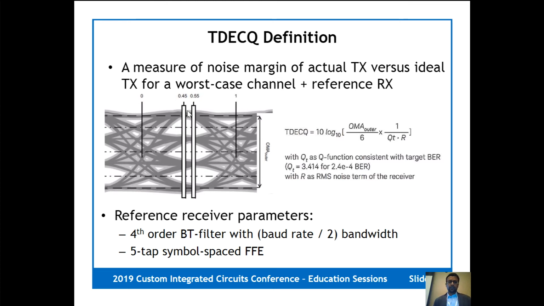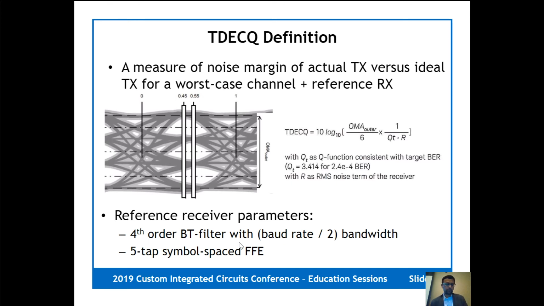Effectively, it involves finding out where your sampling point needs to be, and because the reference receiver itself is a combination of a fourth order Bessel-Thomson filter with half the baud rate bandwidth, and a 5-tap symbol-spaced FFE, there's an iterative process involved in figuring out the optimal receiver in order to get your best TDECQ.